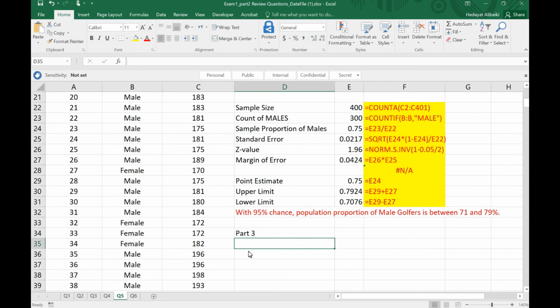the null hypothesis would be that P of female is less than or equal to 20%. The alternative would be that P of female is strictly greater than 20%. So that's number 1.